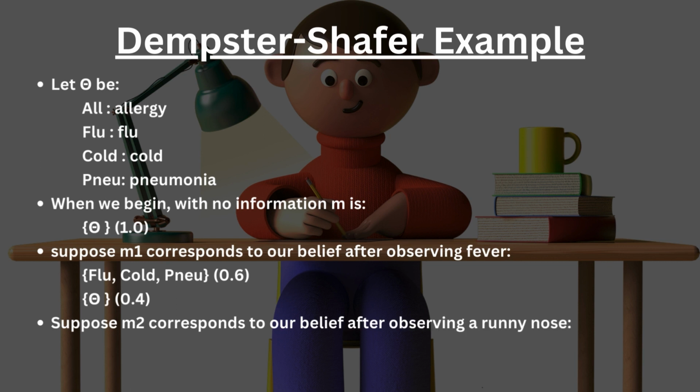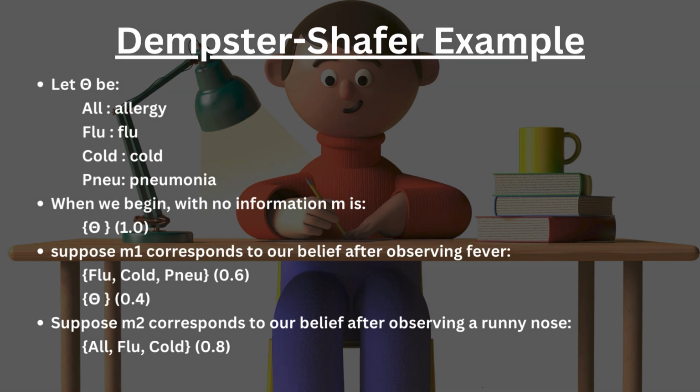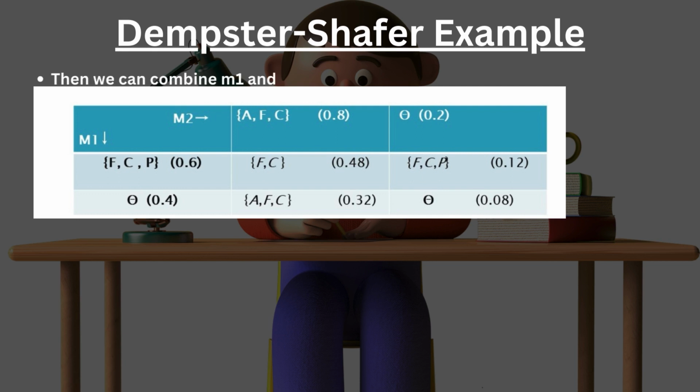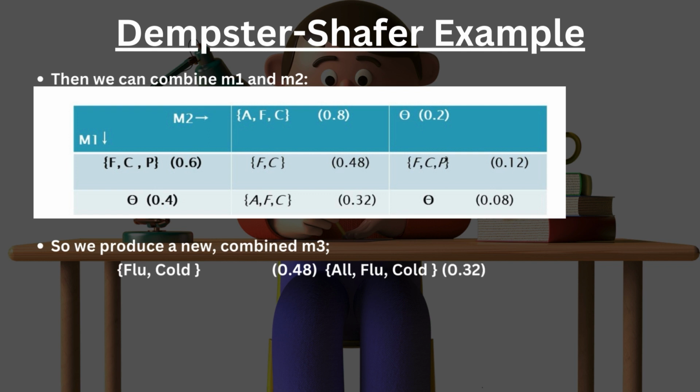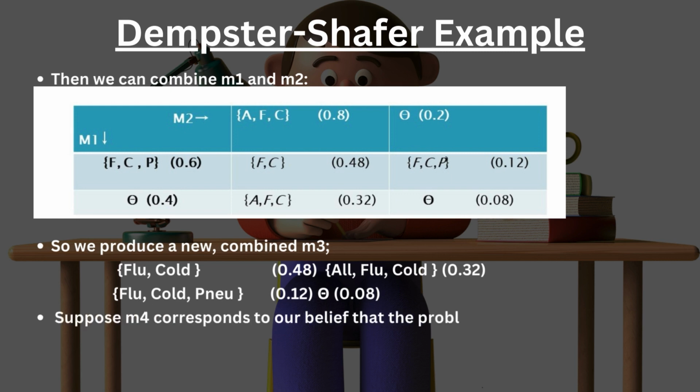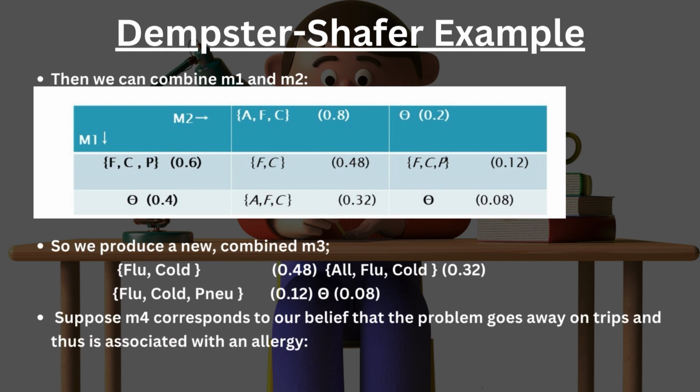Belief after observing a runny nose, m2, is allergy, flu and cold 0.8 and theta is 0.2. Combine m1 and m2 to get m3. Using the combination rule, we get a new belief function m3. You can see in the table we get an m3 after using the rule of combination. We get flu cold 0.48, allergy flu cold 0.32, flu cold pneumonia 0.12 and theta is 0.08.